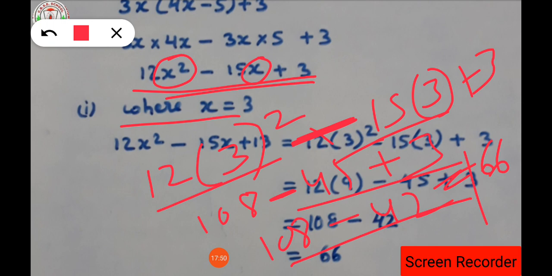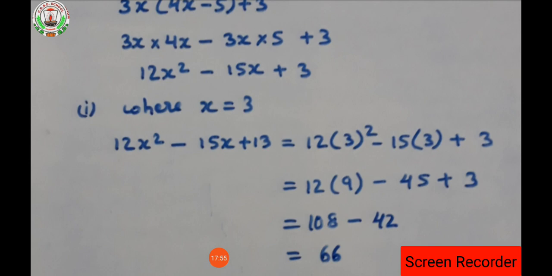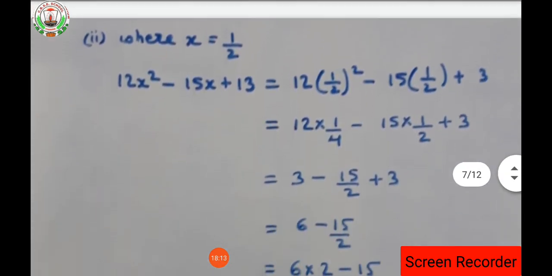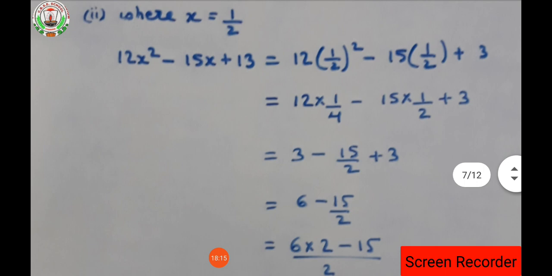It will be plus 66 as 108 is greater than 42. That's all. So in this way we have to do. We have to simplify the expressions first, then substitute the value. Since it is asked to simplify, we simplify first, then we can put the values of x. Clear?